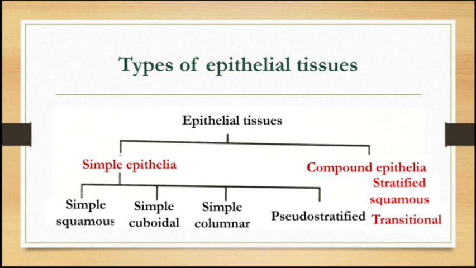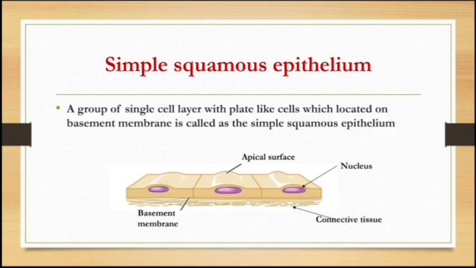The four types have only a single cell layer. So a single cell layer with plate-like cells located on the basement membrane is called a simple squamous epithelium. So you can draw this diagram in your note.